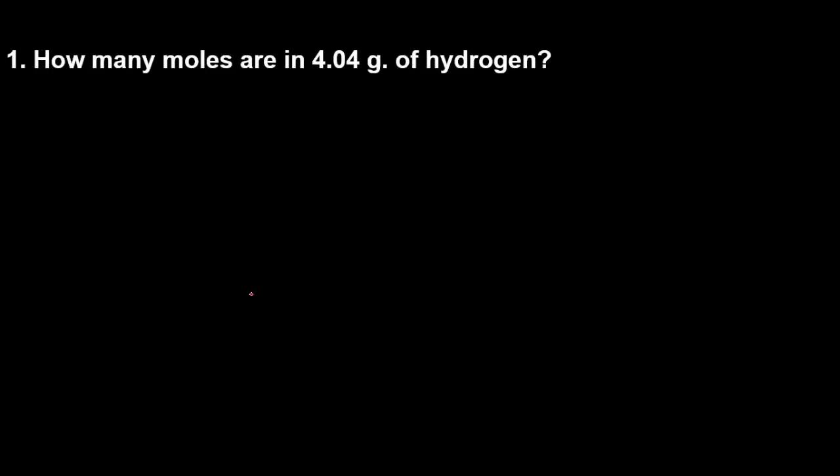Let's go on to number 1. Let's try to solve this one. How many moles are in 4.04 grams of hydrogen? First, we need to look at the molar mass of the substance. In this case, the substance is hydrogen. So what is the molar mass of hydrogen? If you look at your table of elements, the mass is 1.01 grams per mole.